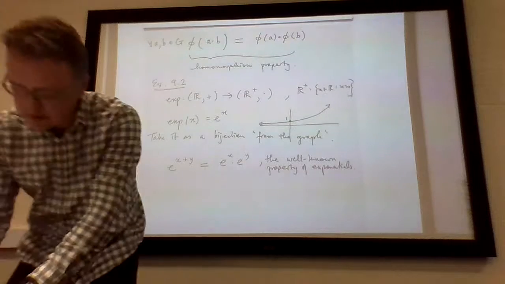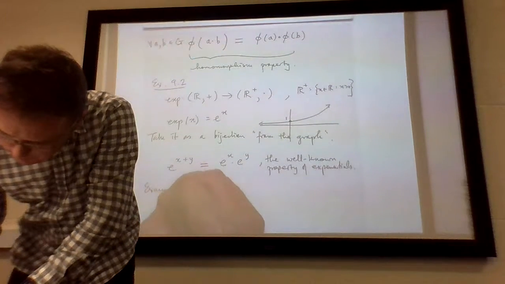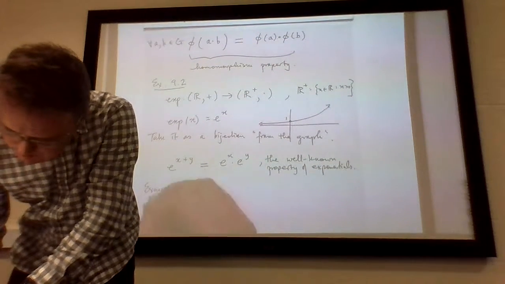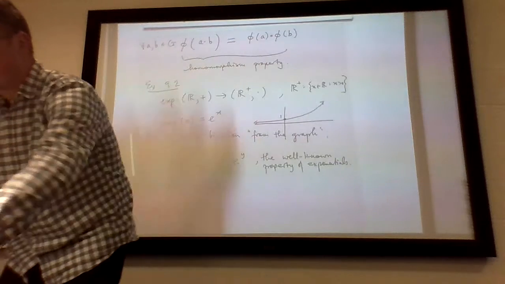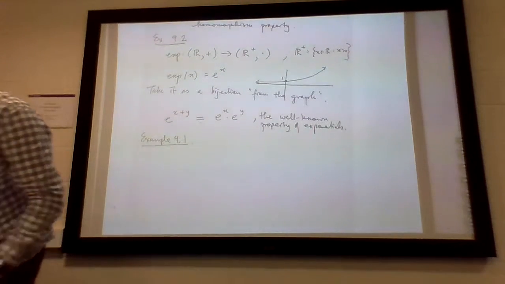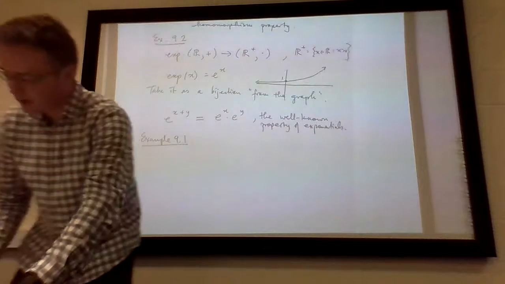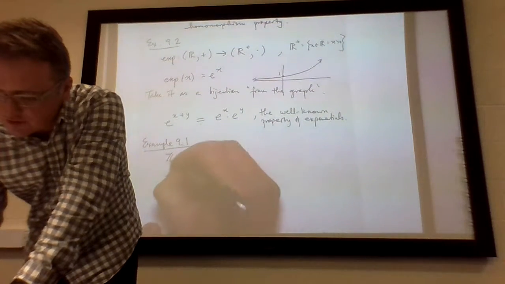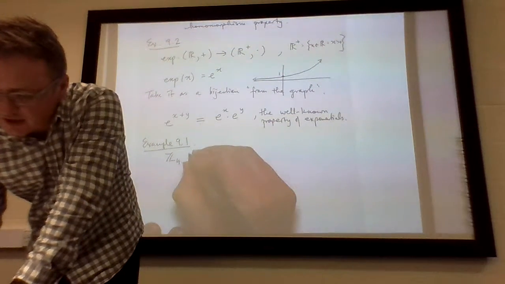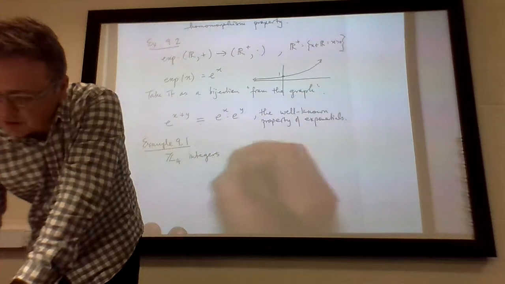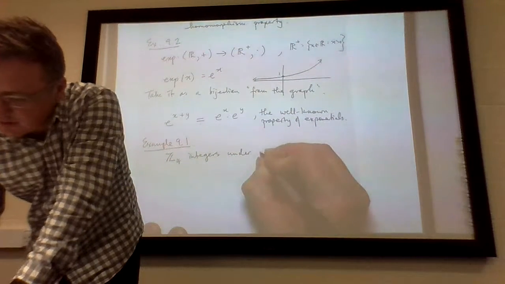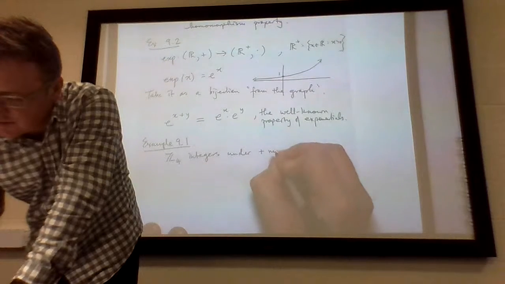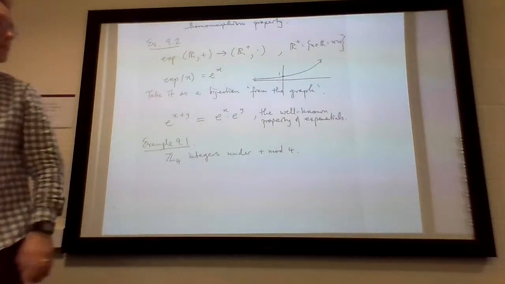Let's go back to example 9.1. I skipped example 9.1. That's an example where the groups are finite. On the one hand, we've got the group Z4, which is the integers under addition mod 4. You're well familiar with this from your number theory last year.